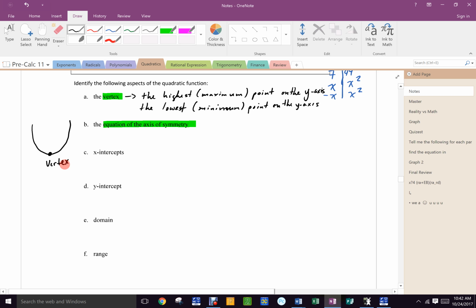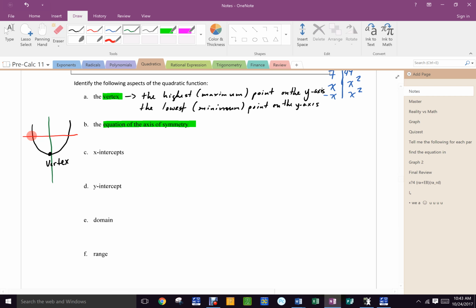Where could I draw a line that would cut that parabola exactly in half? Could I draw this red line? Or would I draw this green line? It's the green line, isn't it? Because if I were to fold my computer in half, this black line would hit there, wouldn't it?